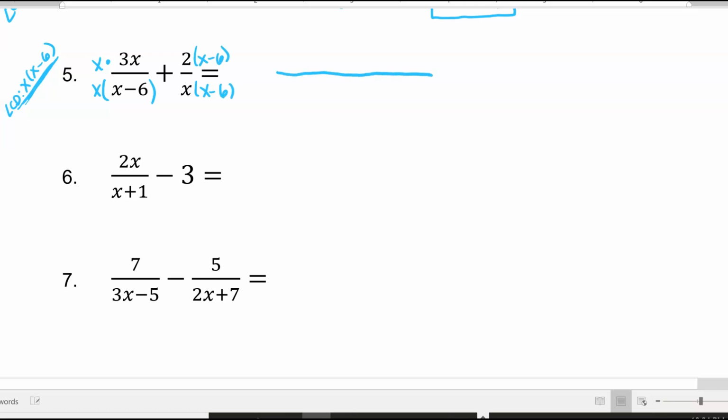So we write it as one fraction, with our denominator being x times x minus 6. Then in the numerator, we have x times 3x, which is 3x squared, plus we distribute 2 times x minus 6, which gives us 2x minus 12.